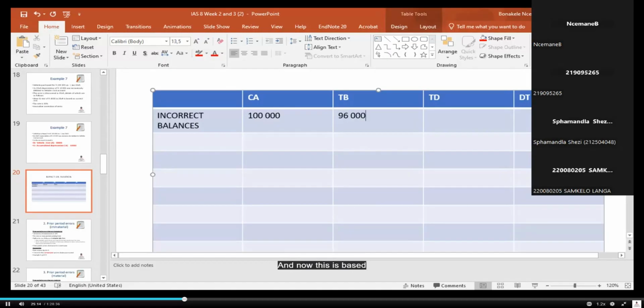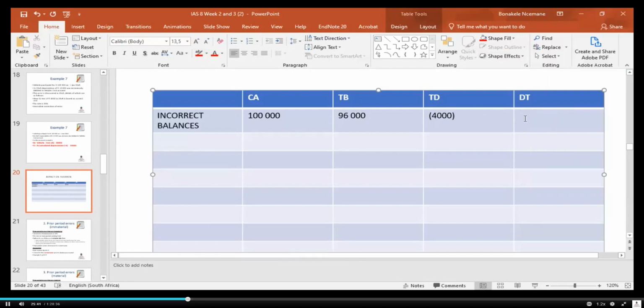And now this is based on the incorrect where the 10,000 had not been taken into account, right? And now what would have been the temporary difference? 100,000 minus 96,000, it would have been 4,000. And what would have been the liability? So 4,000 multiplied by 30%, it would have been 1,200. And that 1,200, would it have been an asset or a liability?